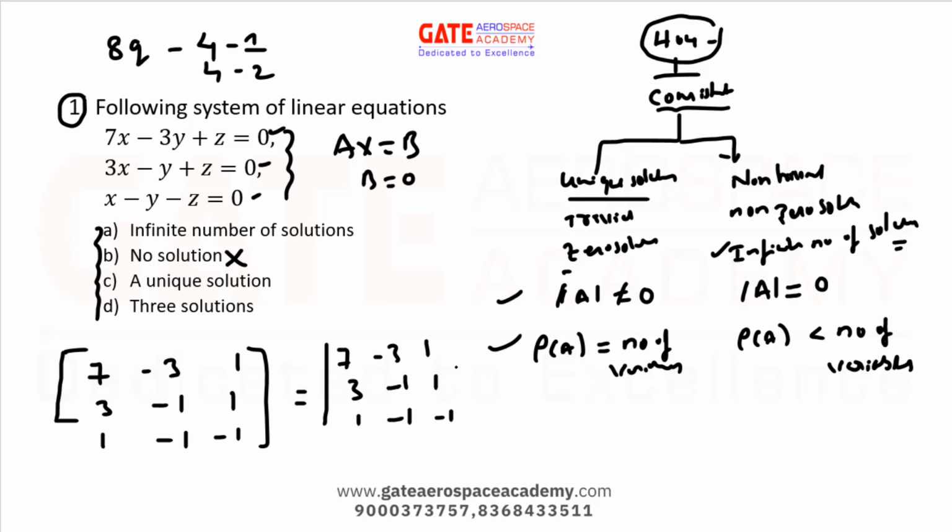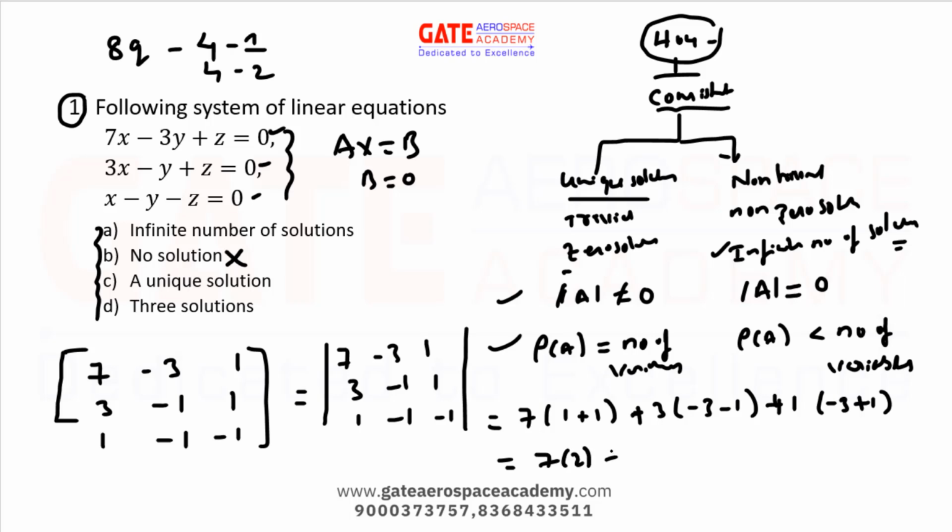Let's calculate the determinant. 7 times (1 plus 1), plus 3 times (-3 minus 1), plus 1 times (-3 plus 1). This is 7 times 2 plus 3 times -4 plus 1 times -2. So this is 14 minus 12 minus 2, which is 14 minus 14, which equals 0.